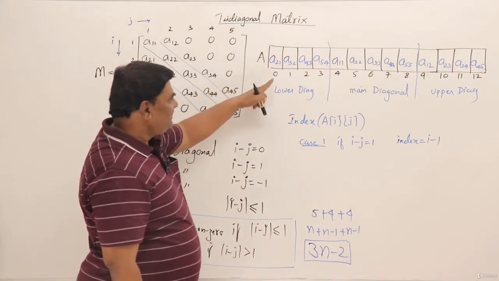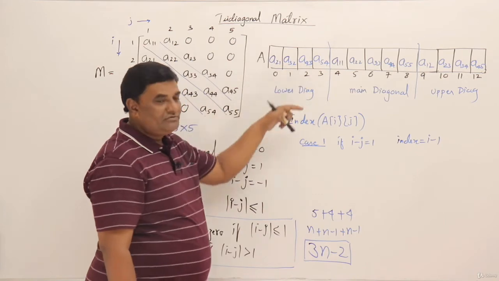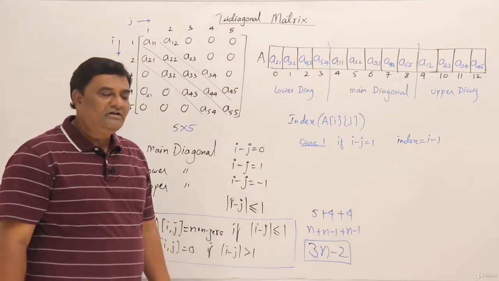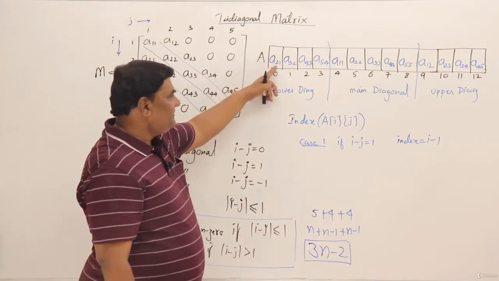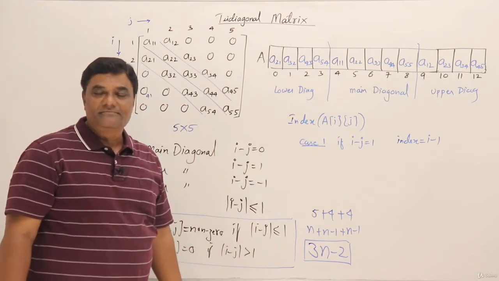If i is 2, then it is at 0. If it is 3, then it is at 1. If i is 4, then it is at 2. So the index is i minus 2. Or else we can also take j minus 1, but it is better represented using i.